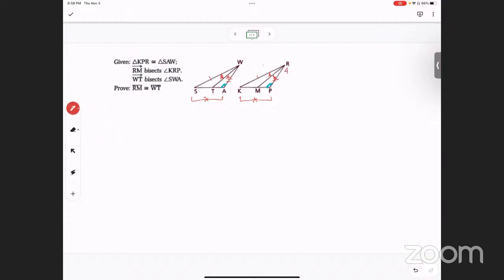Sorry, I couldn't hear you. Say it again. How are A and P congruent then? Because they told us at the very beginning that the two triangles are congruent. Oh, okay.